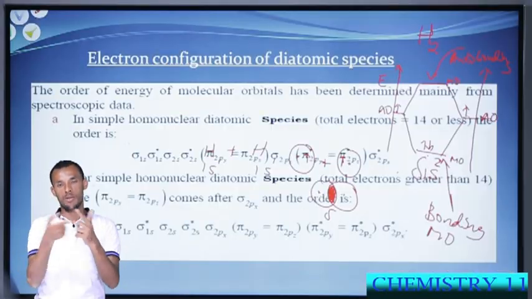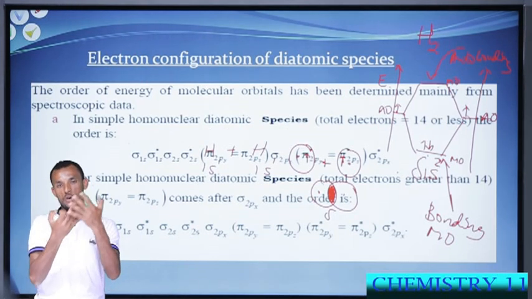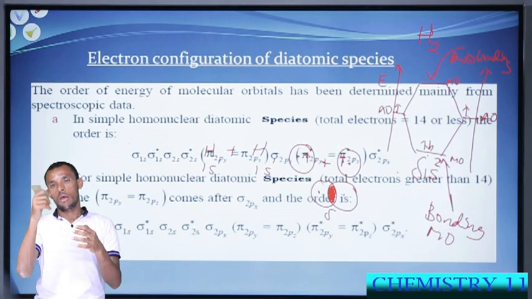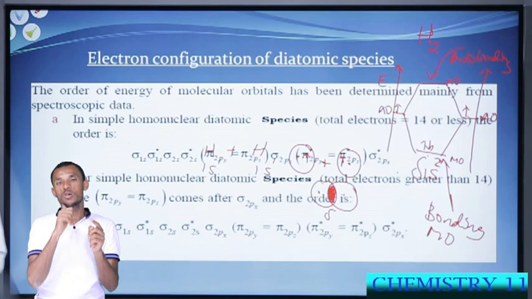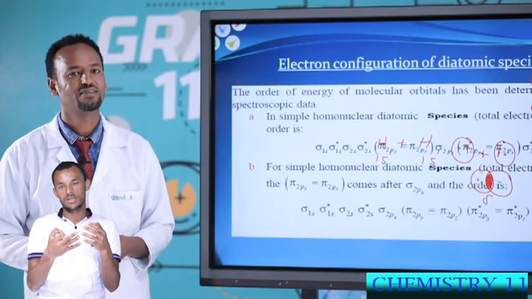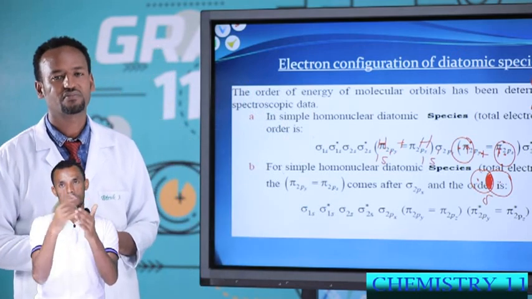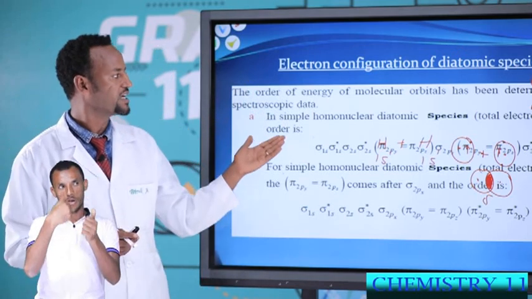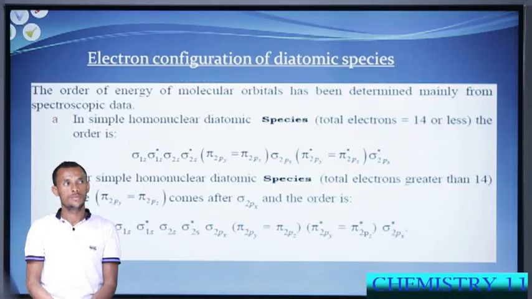The other topic is the electron configurations of diatomic species. Di means two. These are the electron configurations of diatomic species, not of atoms. The order of energy for molecular orbitals has been determined mainly from spectroscopic data.